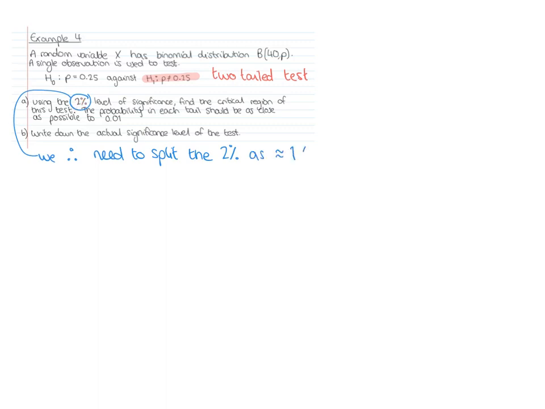It's a 2% significance level. Because it's two-tailed, we're going to split that 2% into 1% at either end, and the question specifies that each end should be as close as possible to 0.01. So first of all, look at the lower end.